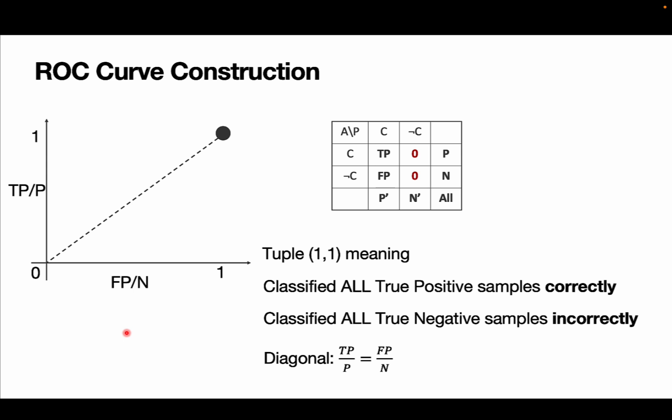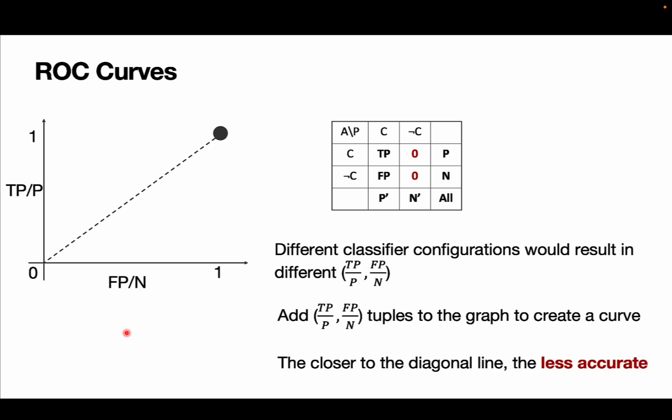The way we make sense of this curve: a classifier with perfect accuracy would be at coordinates (0, 1), which means 100% true positive rate and 0% false positive rate. And the diagonal line represents a random classifier.